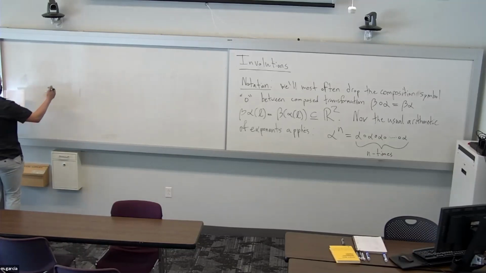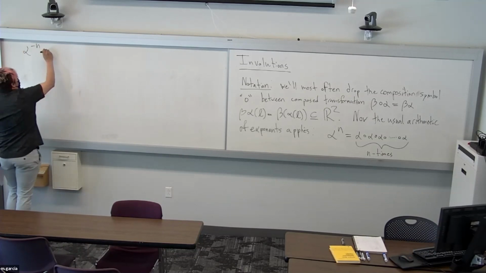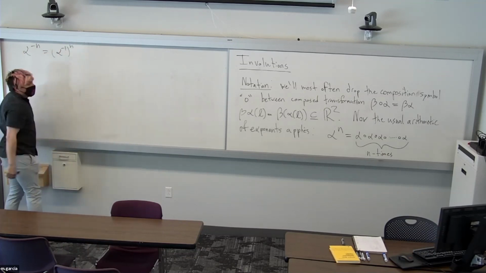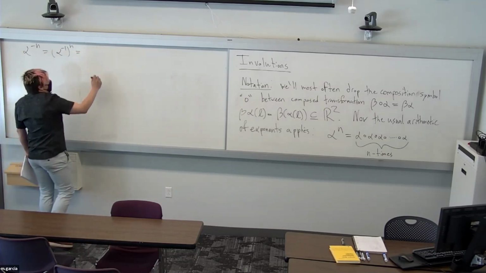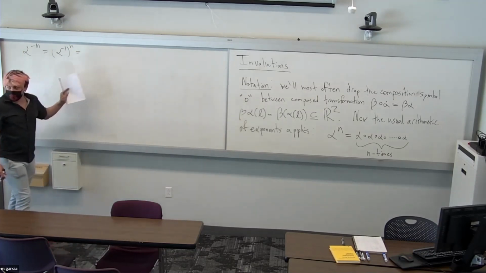Okay, so in other words, alpha to the negative n is interpreted as alpha inverse to the n, which by applying what I just wrote over here is just alpha inverse composed with itself n times.